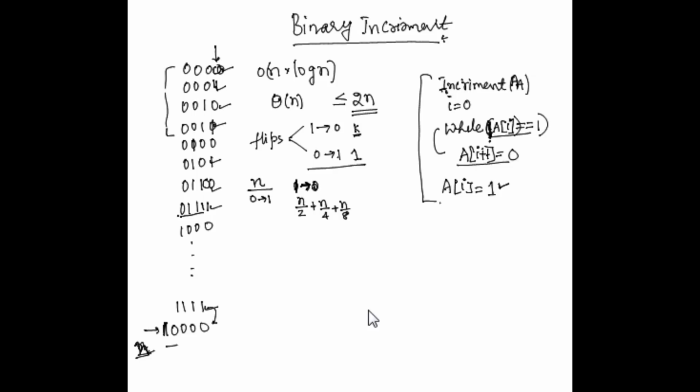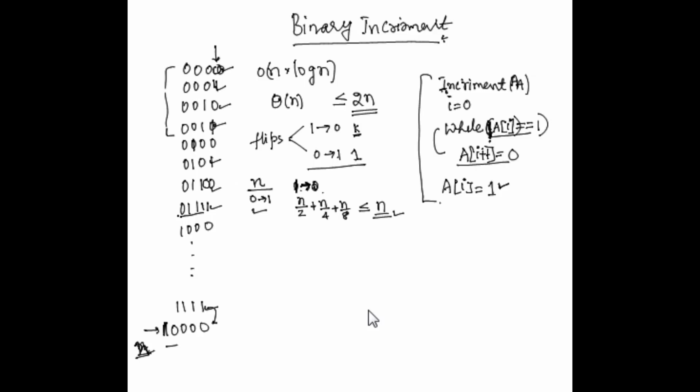So we are not going to change the second bit more frequently. The third bit is flipped only once in 8 times, and so on. So the total number of flips of the type 1 to 0, this summation is smaller than n.